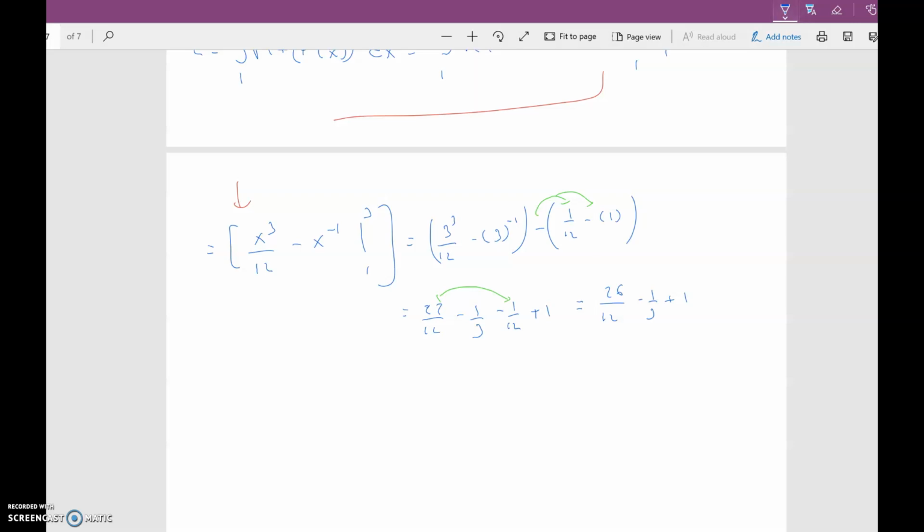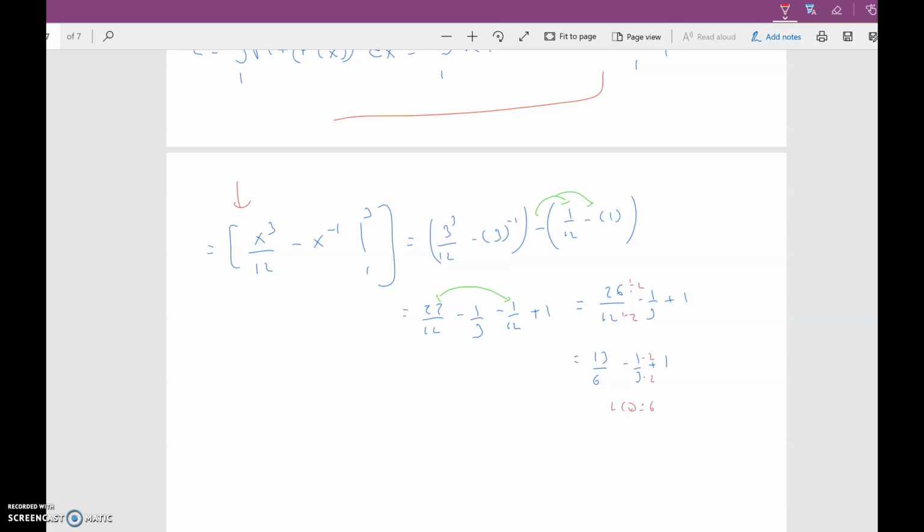We can divide it by 2, and we end up with 13/6 minus a third plus 1, with an LCD of 6.